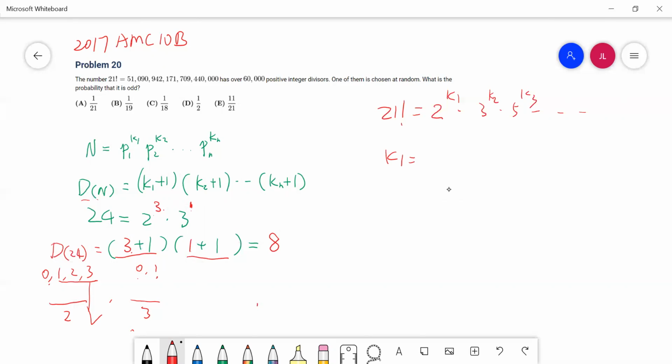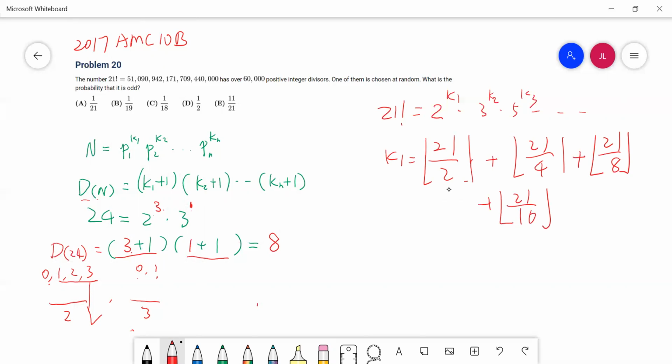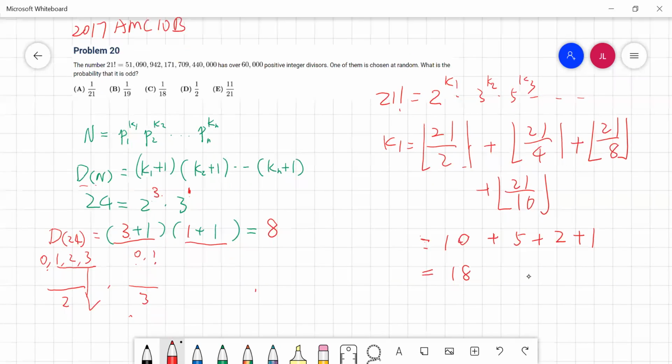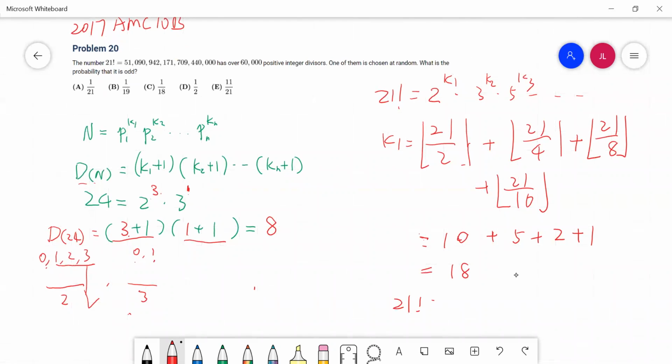The k1 can be found by this: 21 divided by 2, plus 21 divided by 4, plus 21 divided by 8, plus 21 divided by 16. There are no more. So this is 10 plus 5 plus 2 plus 1. So this equals 18, right? So 21 factorial actually equals 2 to the power 18 times the rest.